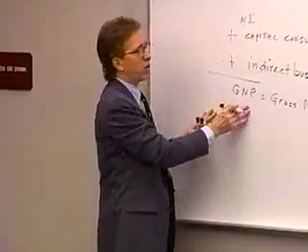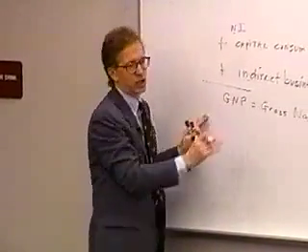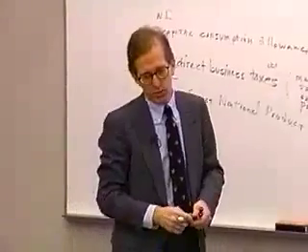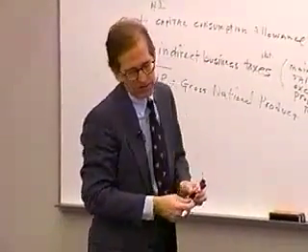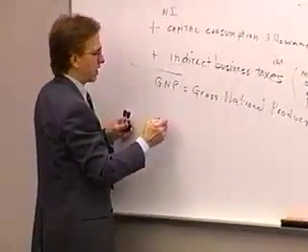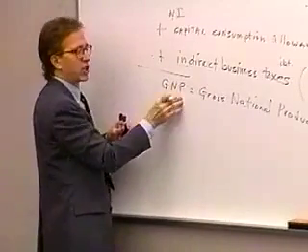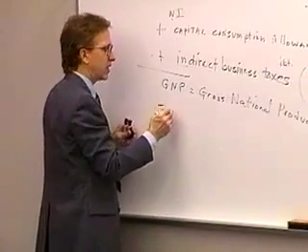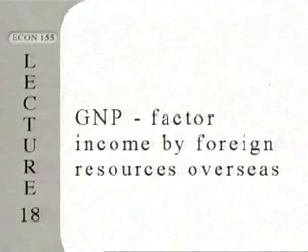Then we make two more adjustments to GNP to get to GDP. One of those adjustments is factor income: we have to subtract from GNP income earned by U.S. factors of production from the rest of the world.